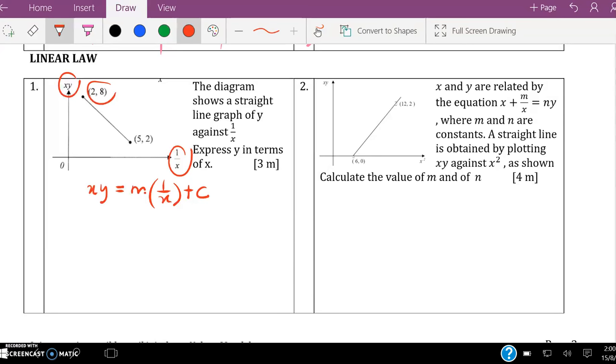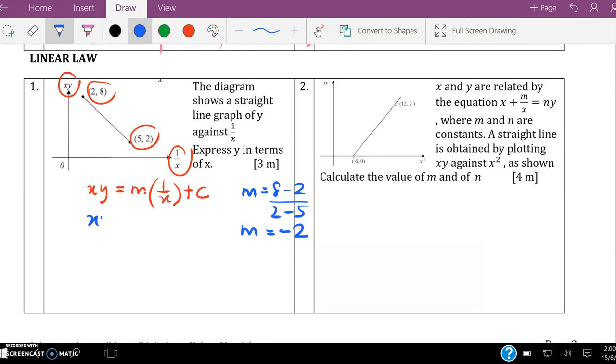So you can first rebuild it by trying to find m. When we rebuild this, m is 8 minus 2 over 2 minus 5. M is 6 over negative 3, which is negative 2.